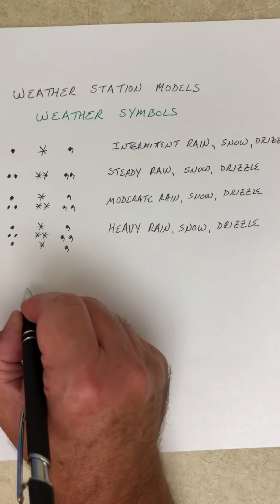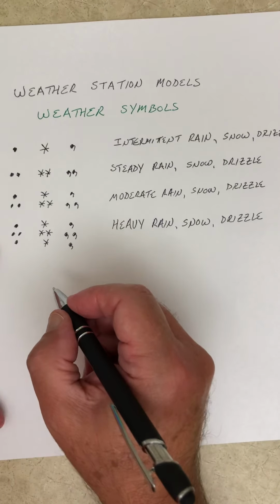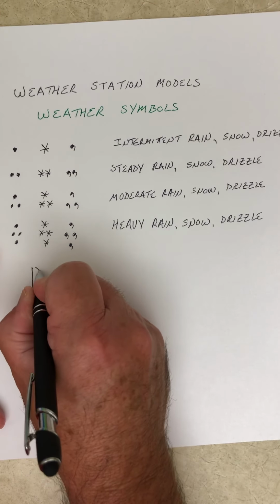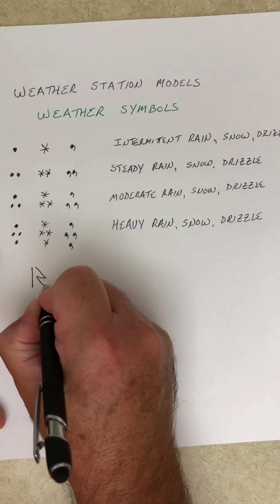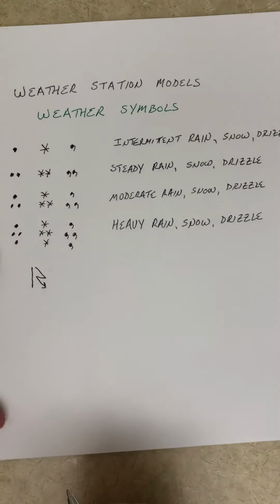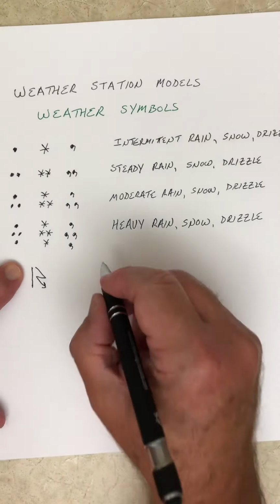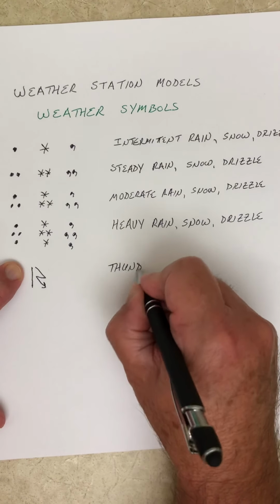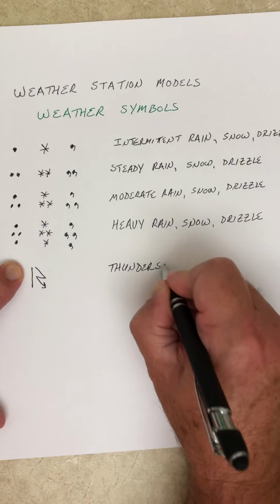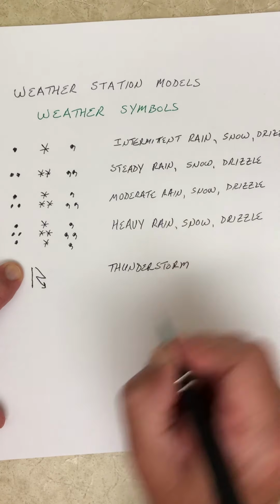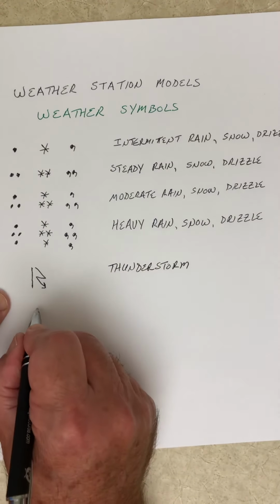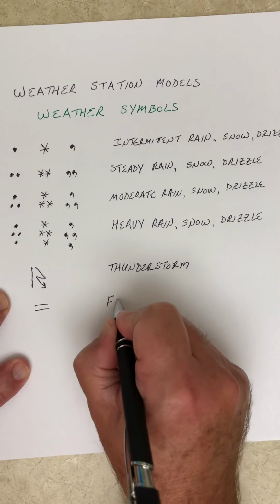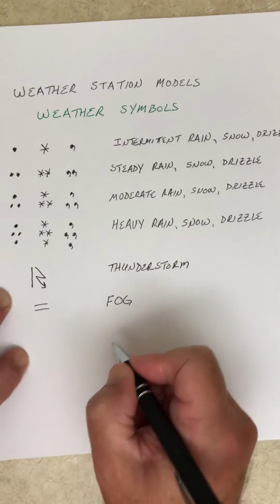Occasionally, you'll see this symbol on a weather map: a vertical line with what looks like a lightning bolt. You put the two of them together, it looks like the capital letter R, and this is the symbol for a thunderstorm. Another common symbol would be an equal sign, and an equal sign is indicative of fog.